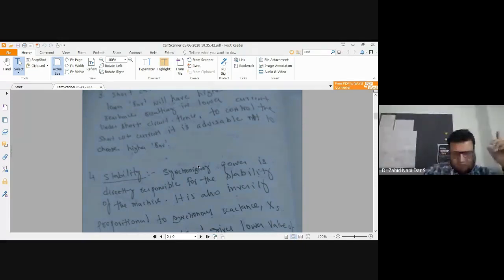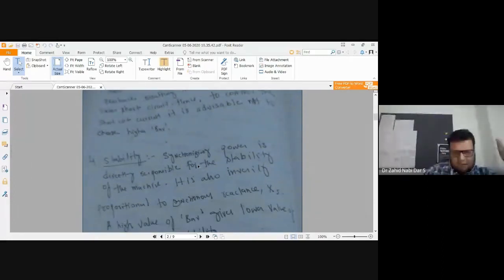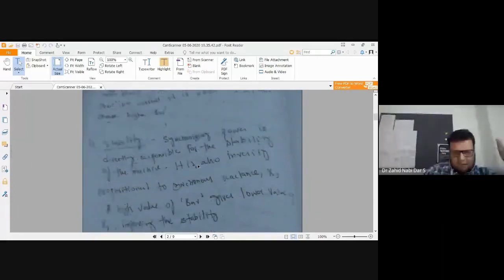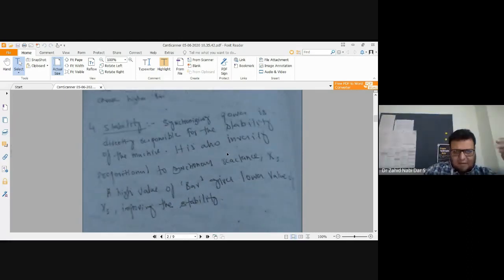So one important factor with this is stability. What is stability, basically? When this power is getting transferred, synchronous power is directly responsible for the stability of the machine. The machine should be stable in the sense of the power generated and the power consumed.